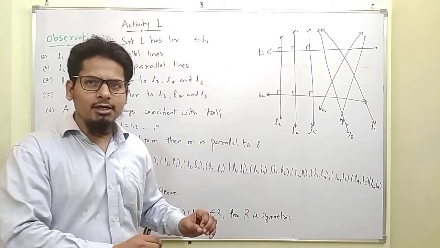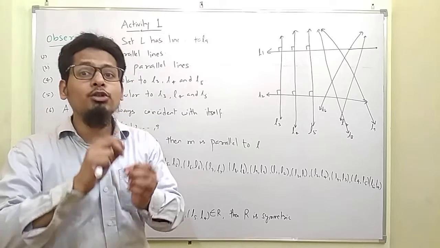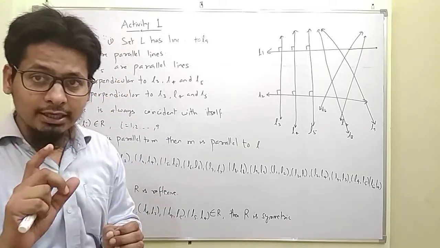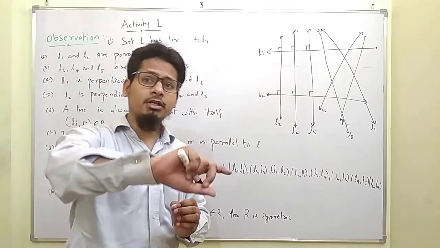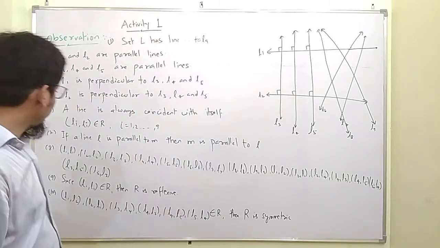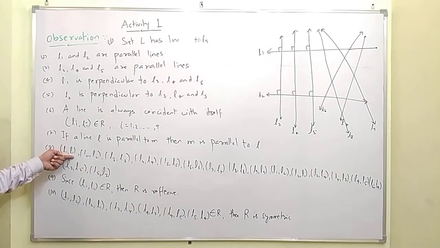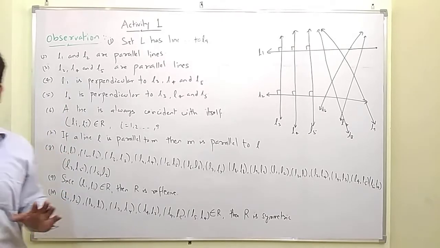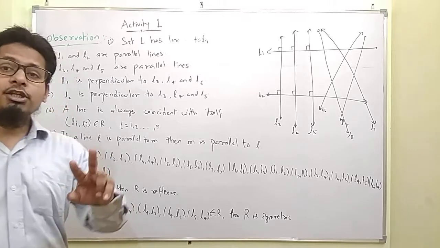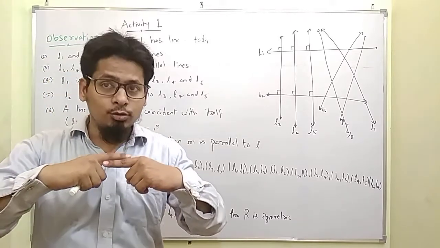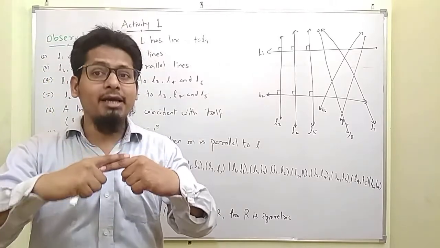After this, with these two conditions, coinciding and parallel, I mentioned the possible pairs according to the relation, where lines are either coinciding or parallel. You see here L1 and L1. Why do I write L1 comma L1? Because both lines are coinciding with each other, so this pair can be formed.